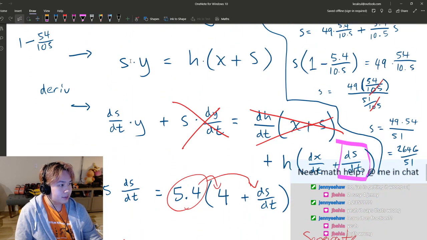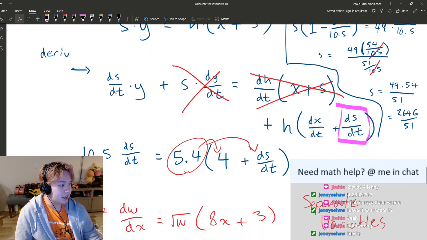Take the derivative, so derivative of s times y plus s times the derivative of y, and then dy/dt is 0, so this goes away. And then likewise over here, dh/dt times x plus s, this goes away because this is 0, and then h times dx/dt plus ds/dt.